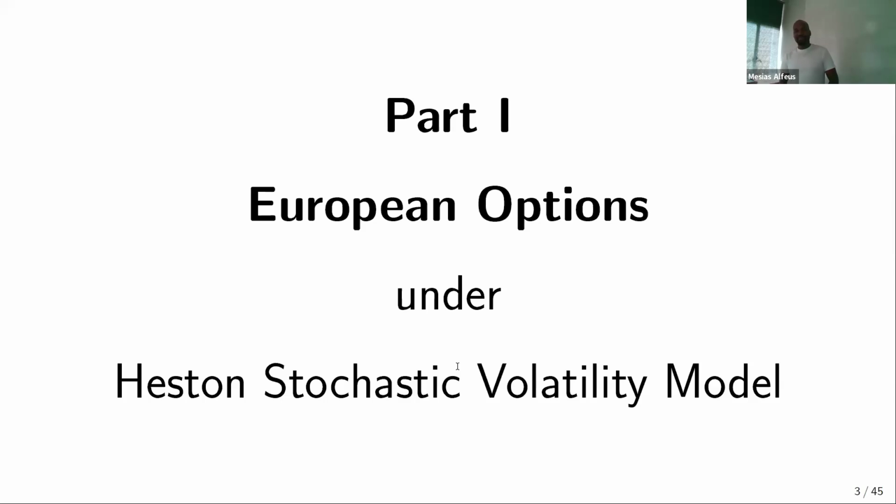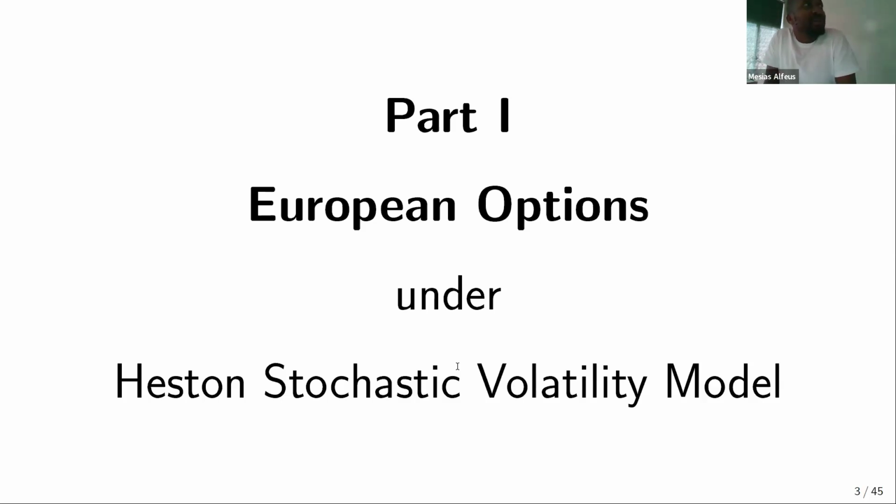There are two parts. The first part is European options under the Heston stochastic volatility model. We do Heston here because with Black-Scholes the volatility is constant, and most people are aware that that is not realistic.